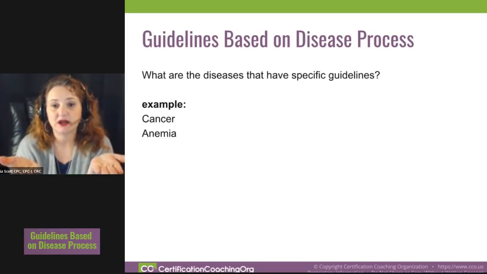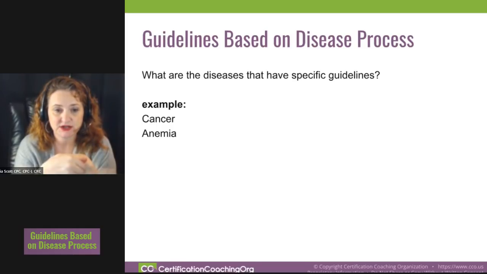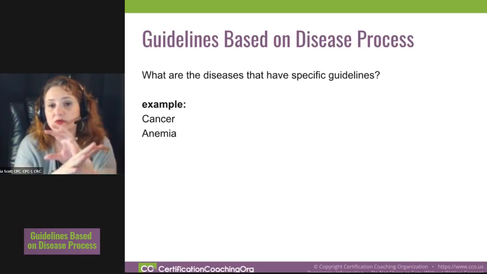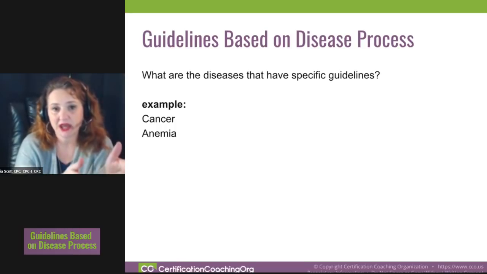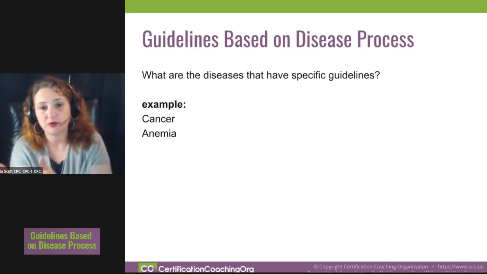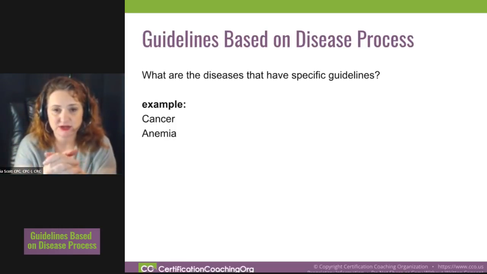Which one's going to be listed first if we are addressing both of them at that encounter? Well, you're going to list the primary malignant cancer first, because the whole disease process is more complicated. The medical decision making will be more complicated with the primary cancer than it would be with a benign cancer.